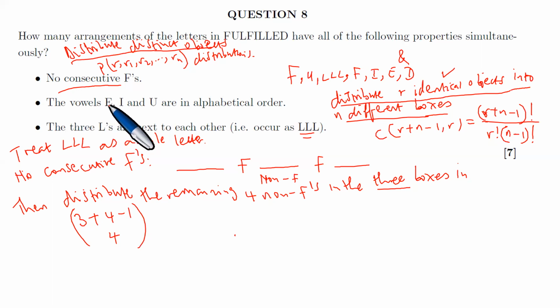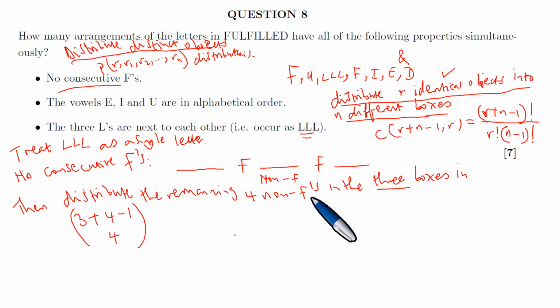The vowels E, I, and U are in alphabetical order. So we have 1, 2, 3, 4 positions.